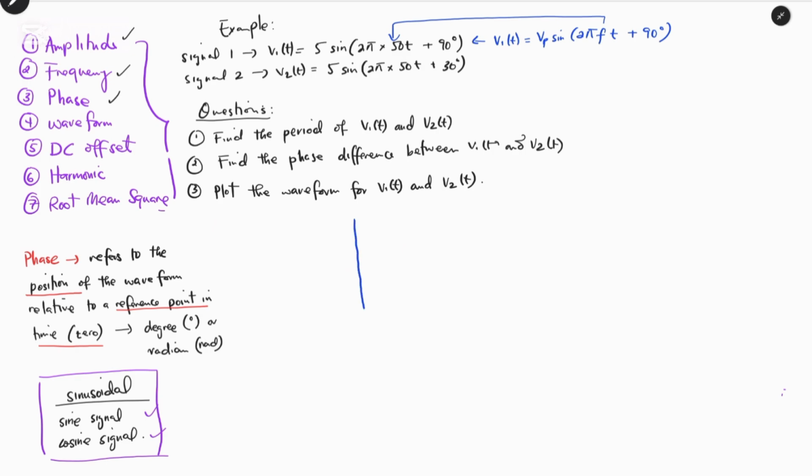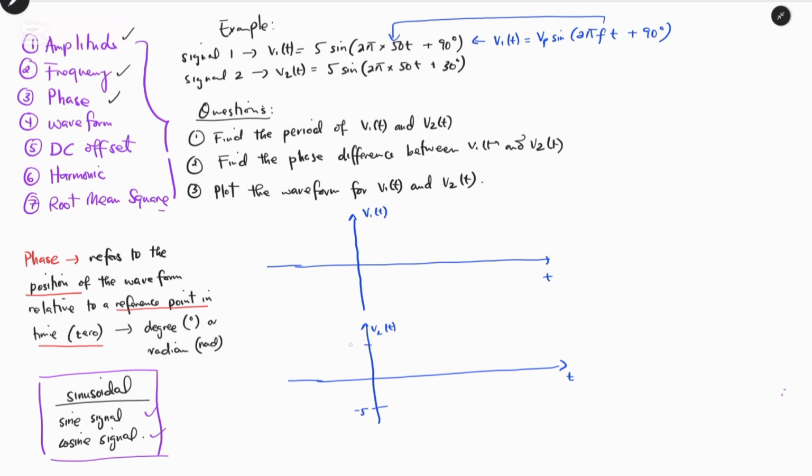Now we can have axes for V1(t) and time, and also the other plot for V2(t).